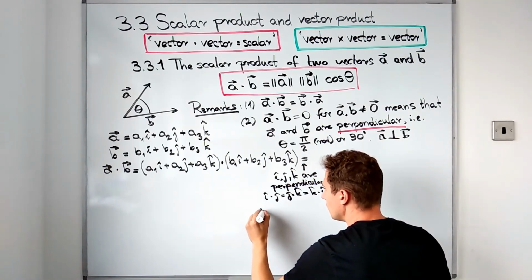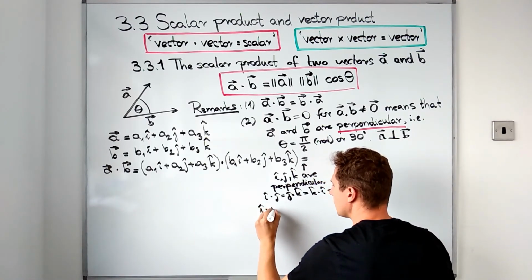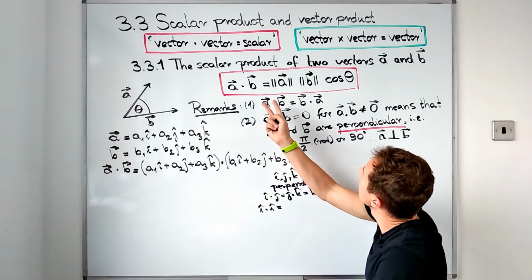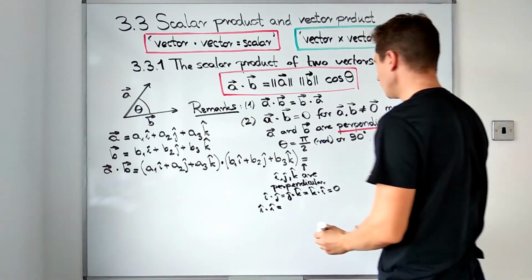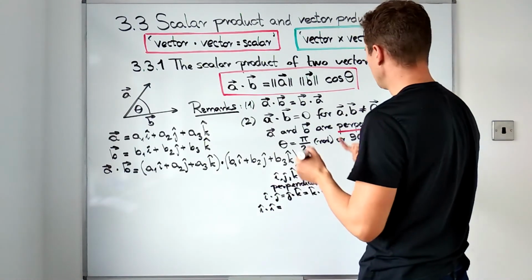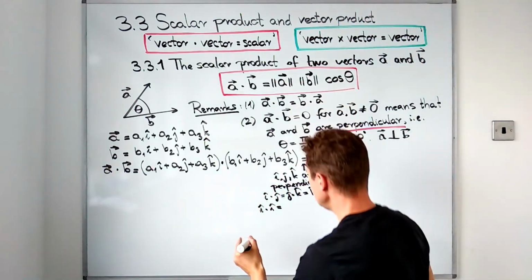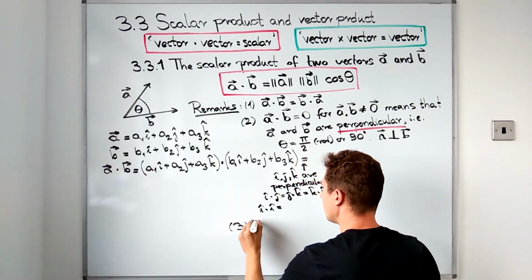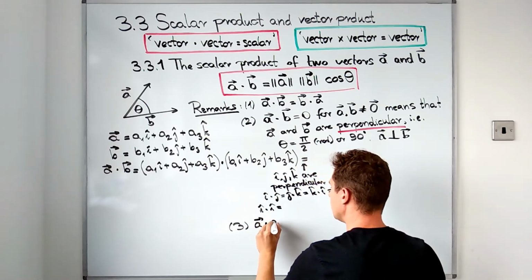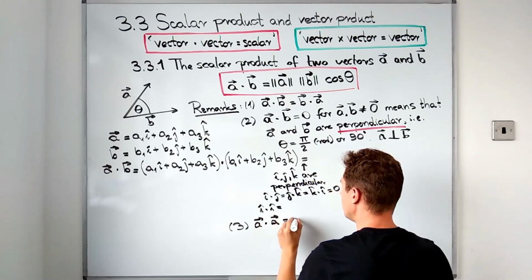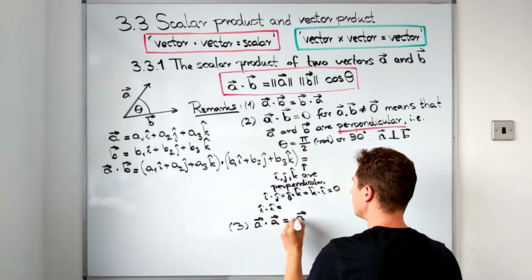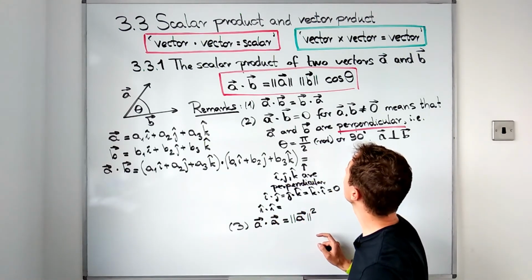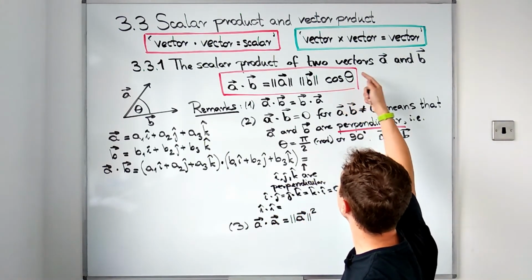So let's look at those products separately. When a vector is multiplied by itself, and it's probably a good idea to say that down here, if you take a vector A and take the scalar product with itself, you will get its length squared, and what you will also get is the cosine of what angle?